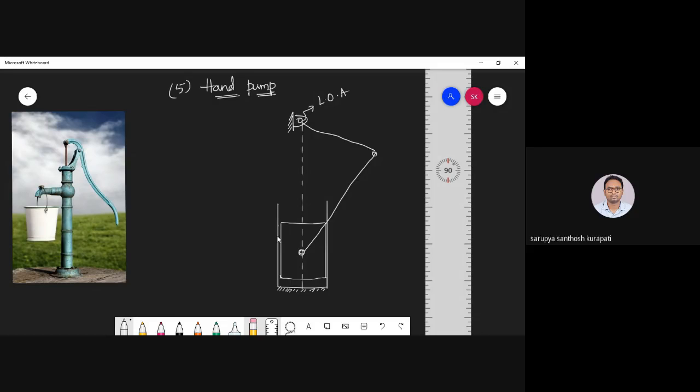So here is the last inversion, that is when the slider is fixed. Observe carefully what I'm going to do. I'm taking the eraser and erasing this particular part.